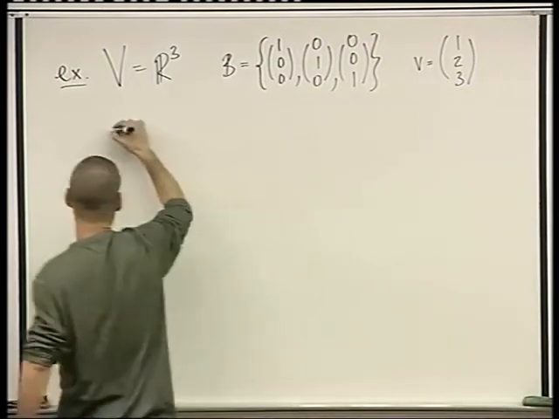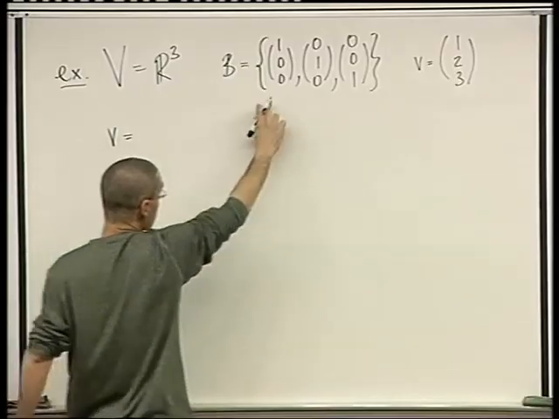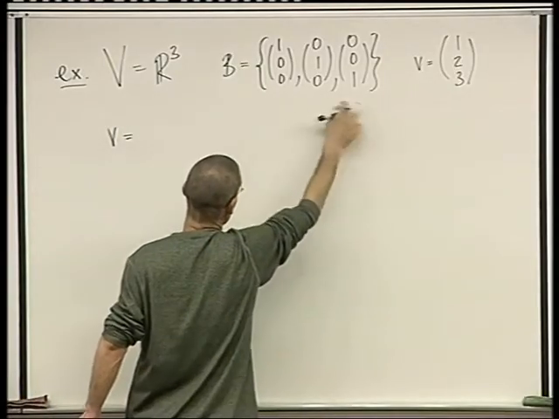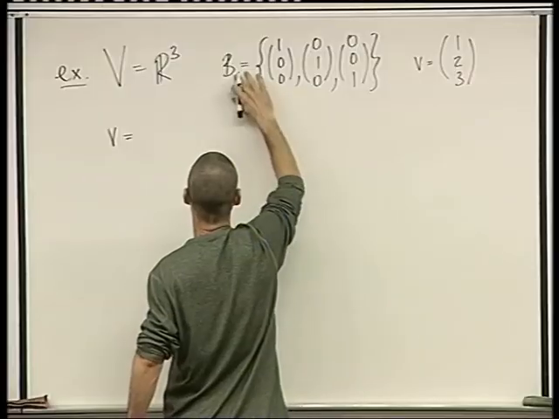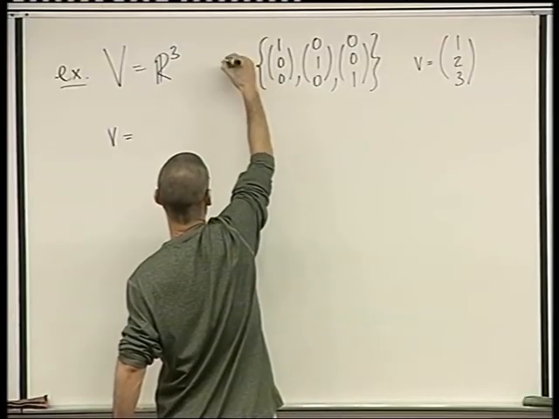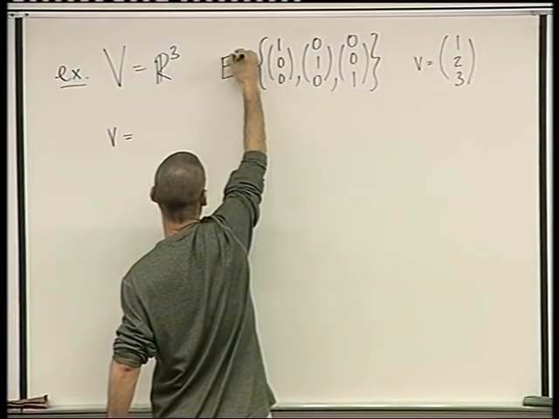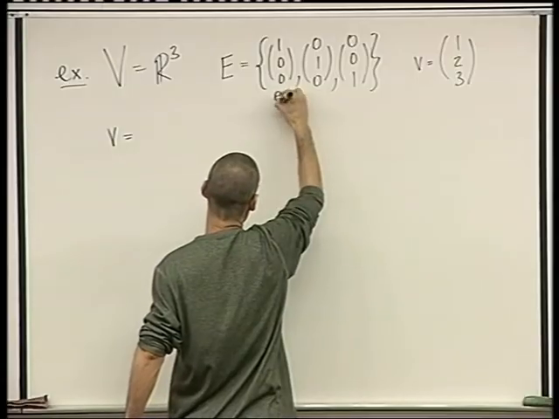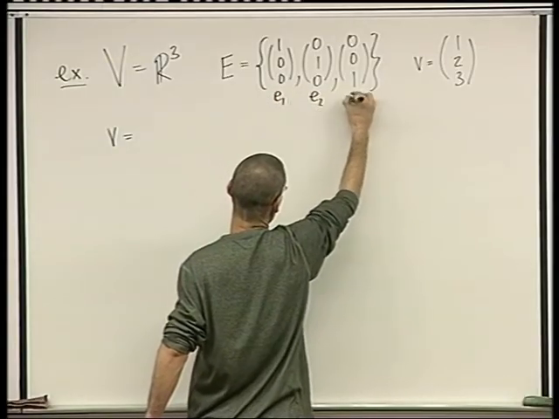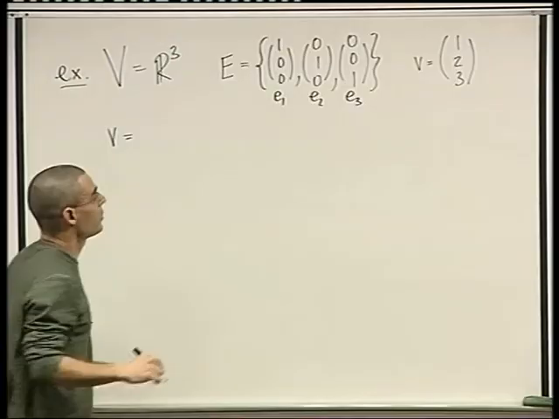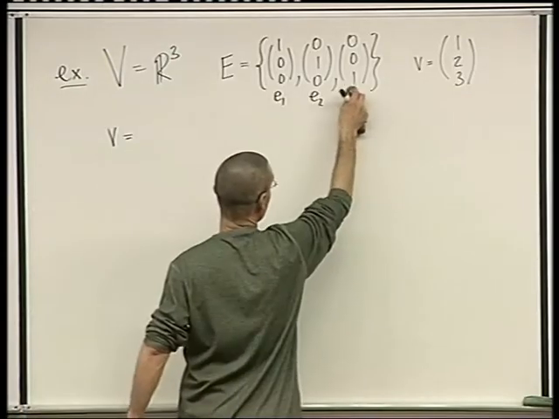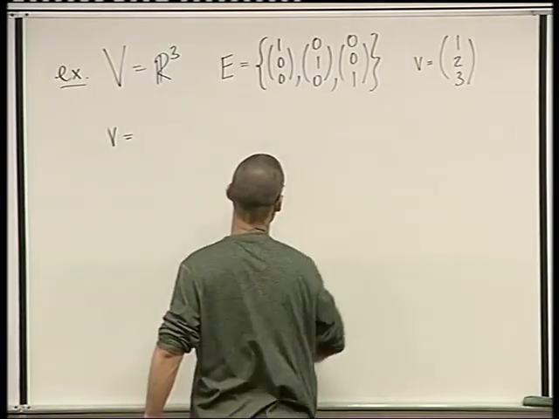So v can be written uniquely as these elements. Let's call the basis E rather than B. Please change that. And let's call these E1, E2, and E3. That's kind of standard, I don't want to write it too close so you don't think it's a new coordinate.